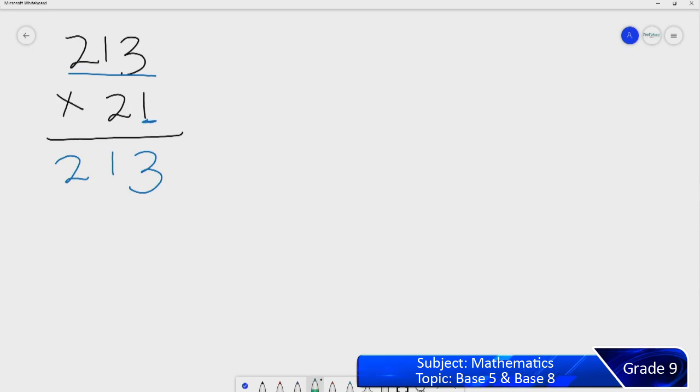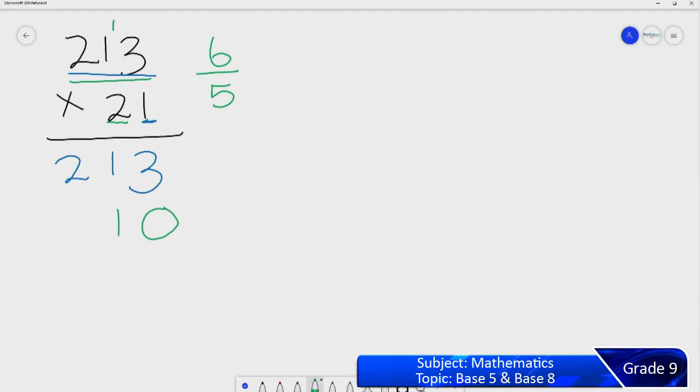Then we move to the 2. We're going to multiply everything at the top by 2, but we have to add a 0 first before we move on. So 2 times 3 gives us 6. We can't put 6 in. 6 is not a part of the base 5 number system, so we divide it. 6 divided by 5 is 1, and we have 1 remaining.